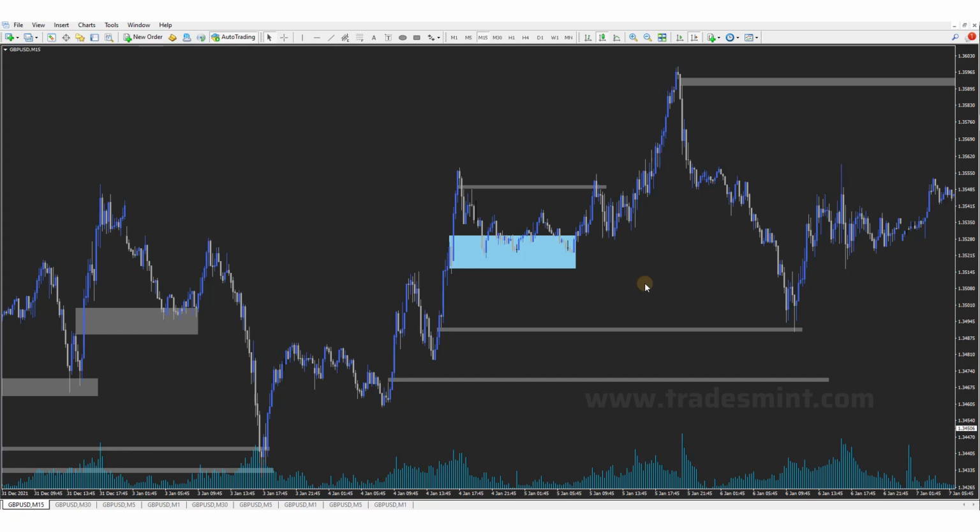It's even better when the imbalance pools match with the key level or are a bit above the supply or demand, or below the supply. So more confirmations, even more confirmations are better for us. But you can choose what to focus on, of course, to not have too much mess on the chart.